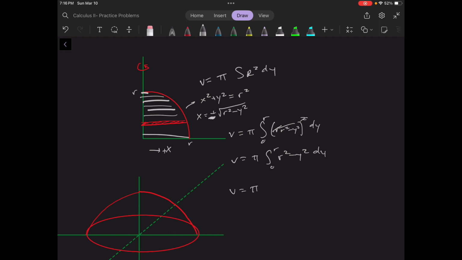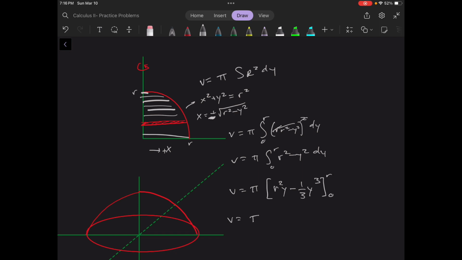Volume equals pi. When you integrate r squared, it's just a constant. So when you integrate it with respect to y, you get r squared y. You integrate y squared, you get 1/3 y cubed. We're going to evaluate that at r and 0.